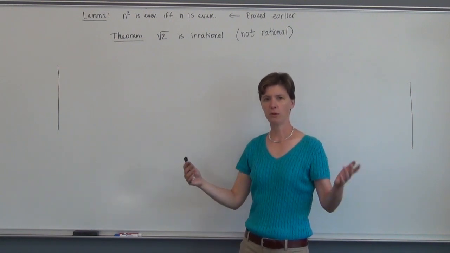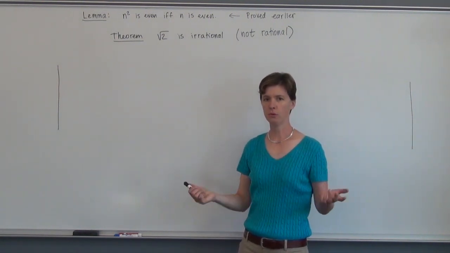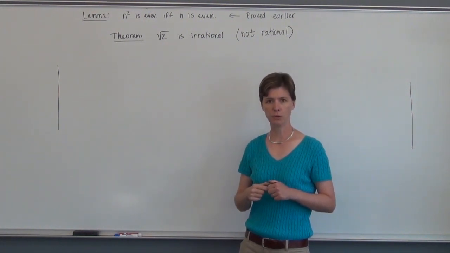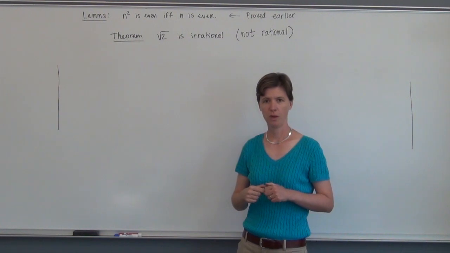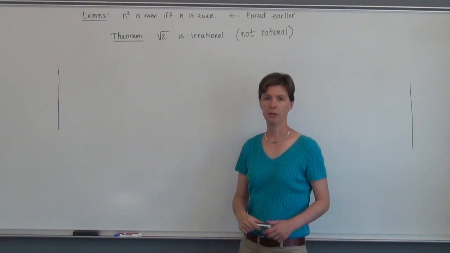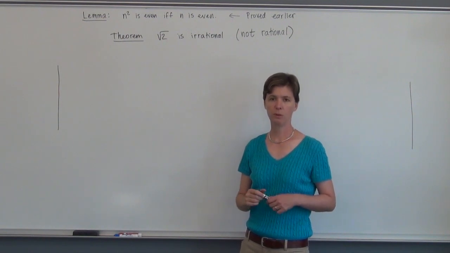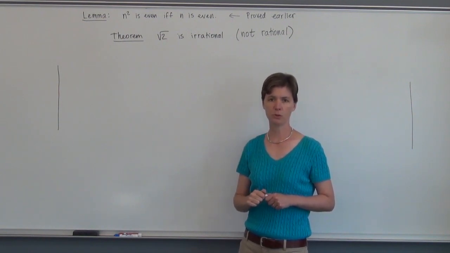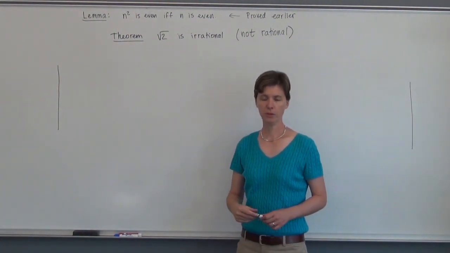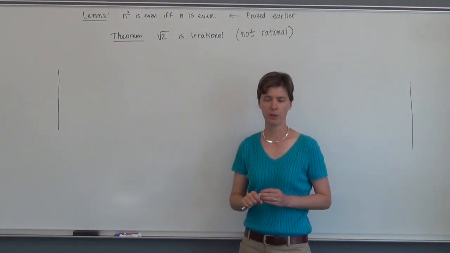And then we'll play with it and do some algebra, do some arithmetic, and what will happen is we'll arrive at a contradiction. Since our assumption that the square root of 2 is rational leads to a contradiction, we'll be left with no choice but to assume that it is irrational. So here is our proof by contradiction.